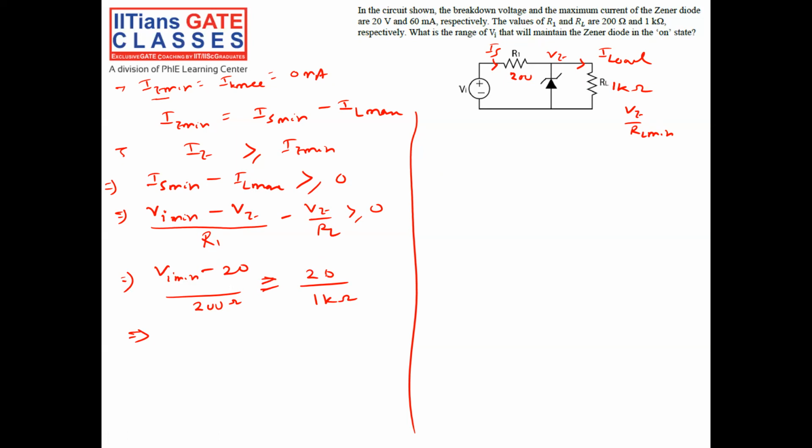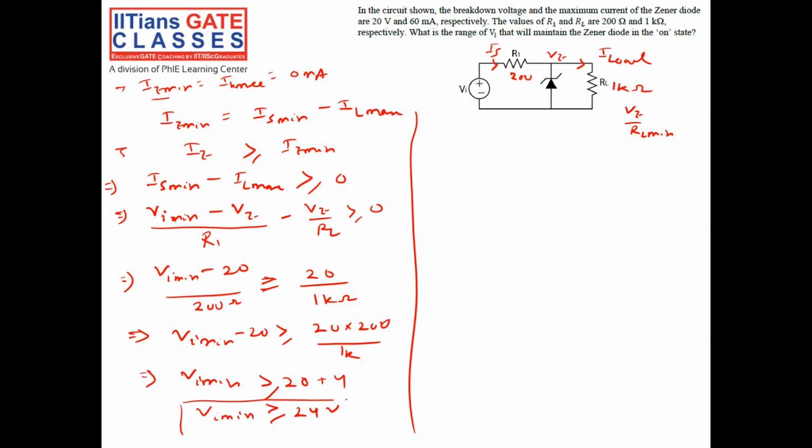So Vi minimum minus 20 should be greater than or equal to 20 into 200 by 1k. This implies Vin minimum should be greater than or equal to 20 plus 4, so greater than or equal to 24 volt. This is what we got from the equation, and from this I can get the Vin minimum.